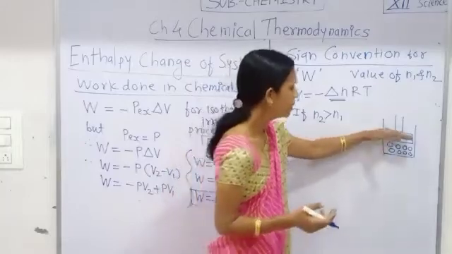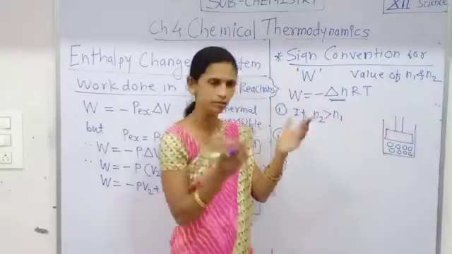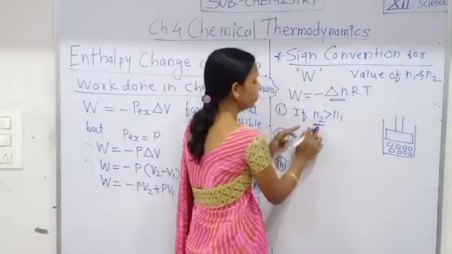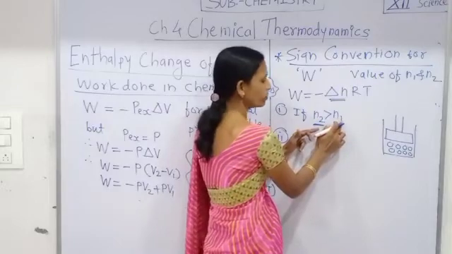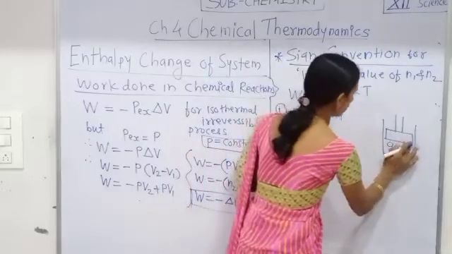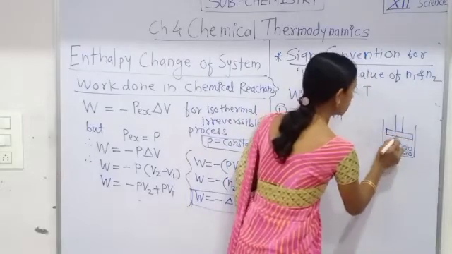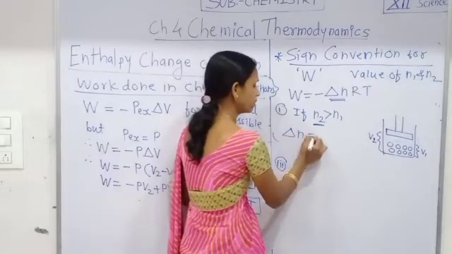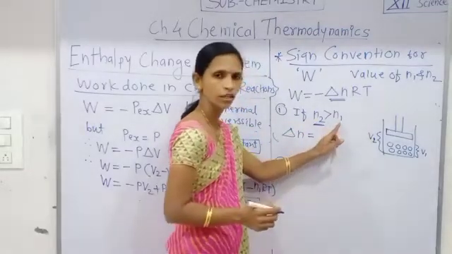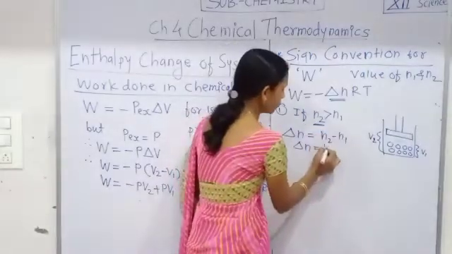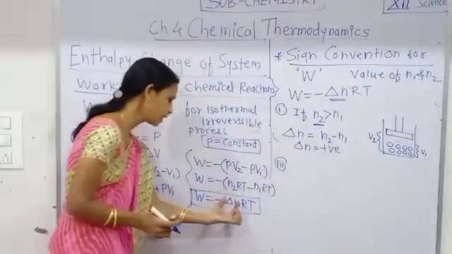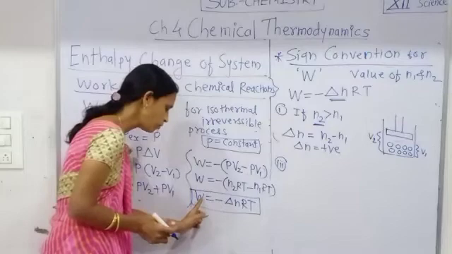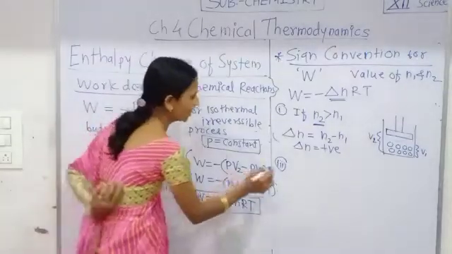Therefore here the piston moves upward. Because the number of moles of product is greater than the number of moles of gaseous reactant, the volume of the system increases. Therefore here delta N, as N2 is greater than N1, is positive. Putting the value of that delta N, which is positive, in this equation, the value of W becomes negative.